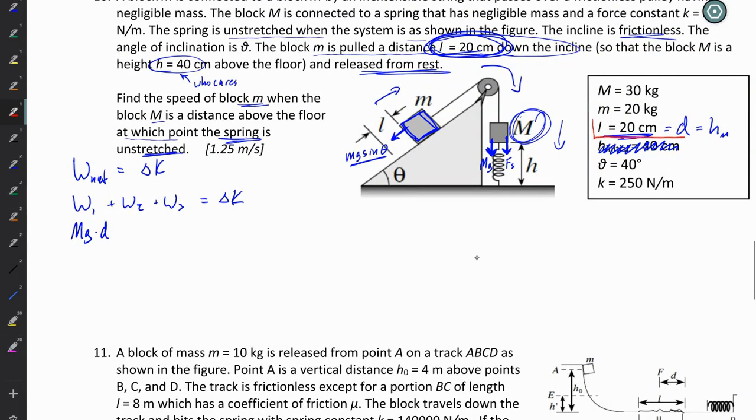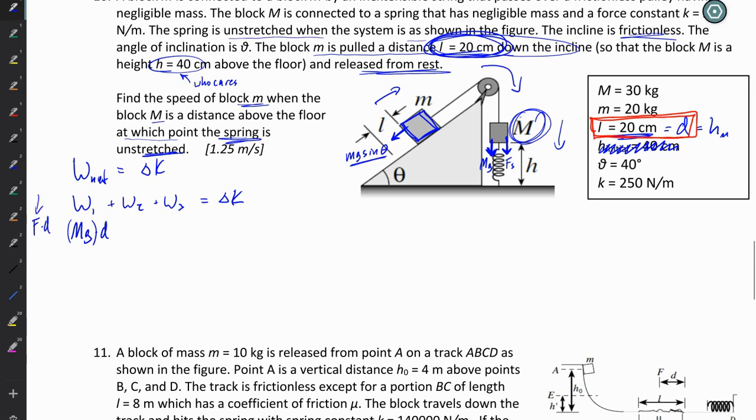The length that the spring got stretched is the distance that things will travel. So we've got the work done by gravity. Now, that's easy because that is a constant force times a distance.